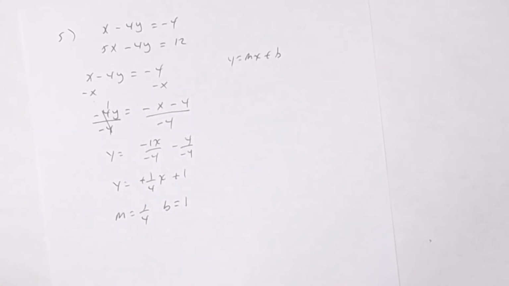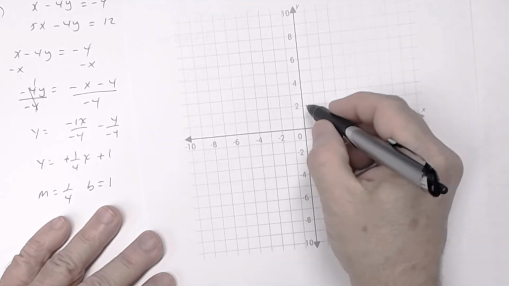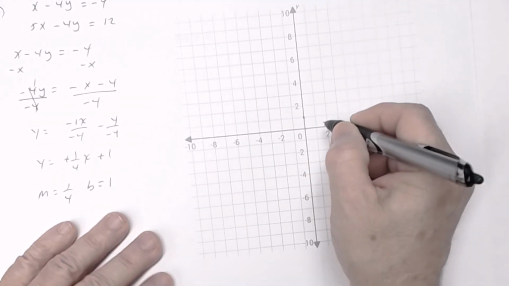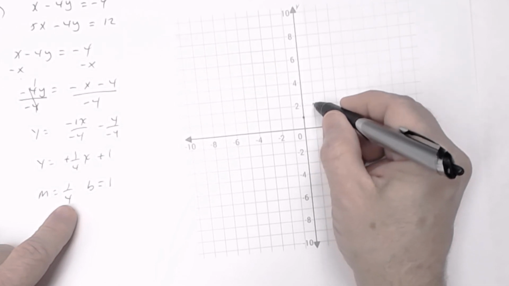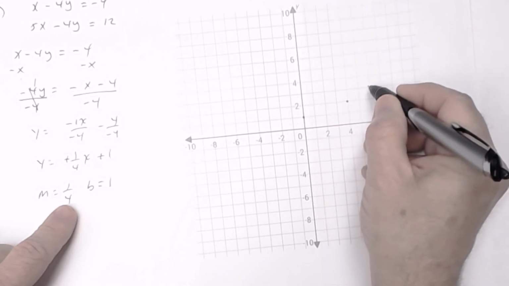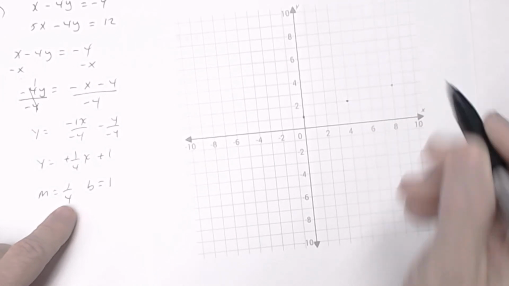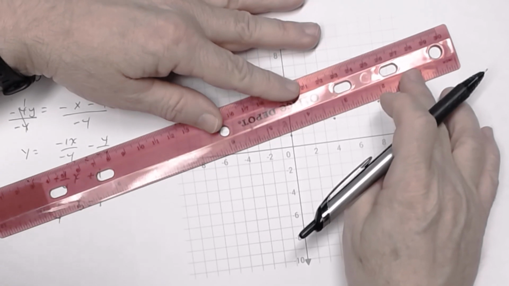So from here, we can graph that line. So my y-intercept is 1, and I'm going to use the slope 1/4, so I'm going to go up 1 to the right 4. 1, 2, 3, 4. Up 1 to the right 4. 1, 2, 3, 4. And so that line is going to look like this.